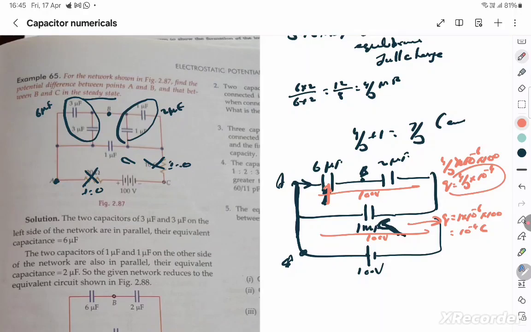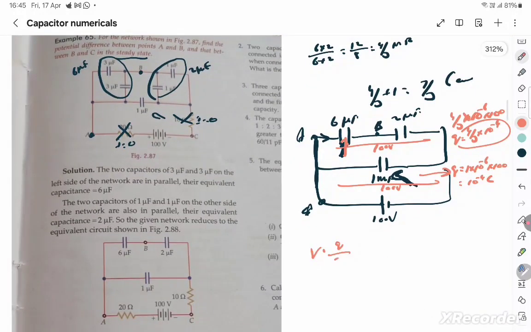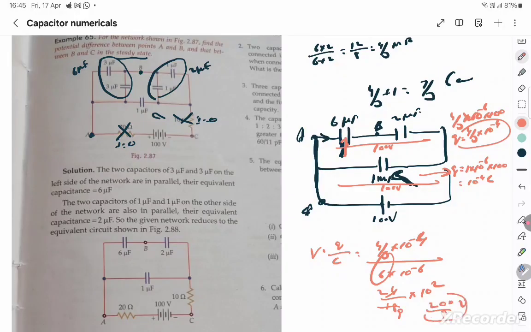Therefore V is equal to Q by C, which is 4 by 3 into 10 to the power minus 4 by 6 into 10 to the power minus 6. This becomes 4 by 18 into 10 to the power 2, which is 2 by 9 into 10 to the power 2, or 200 by 9 volts, the potential difference between the points A and B.